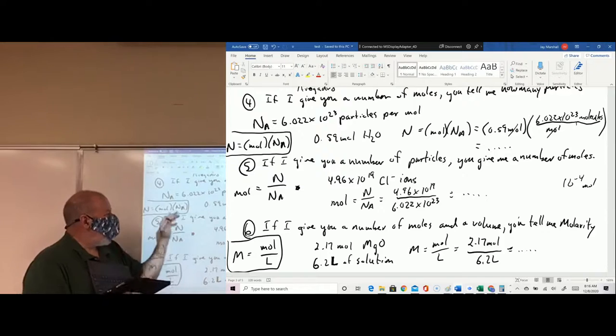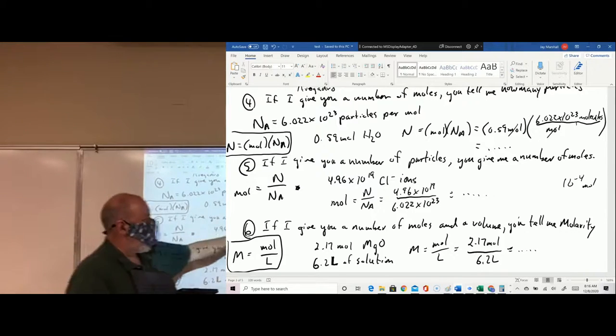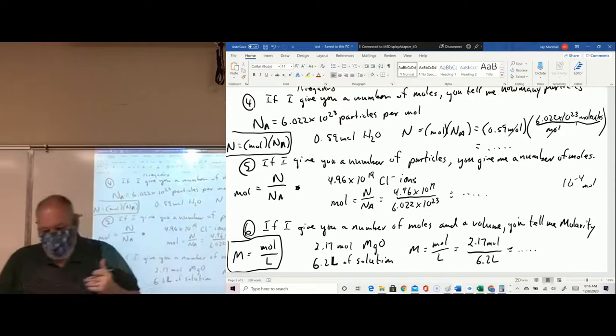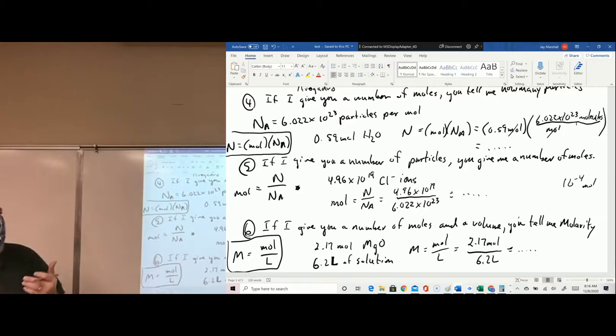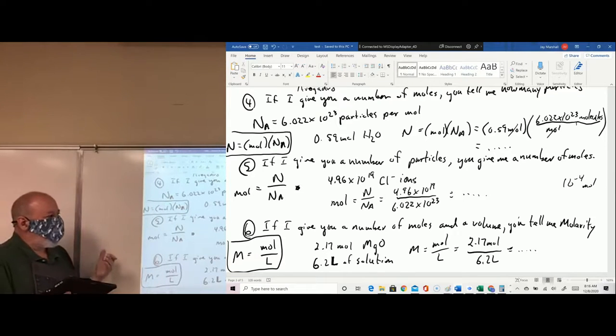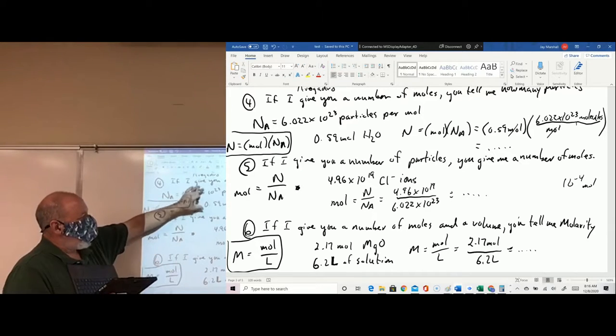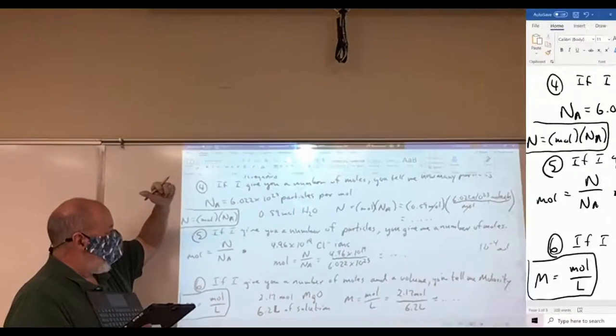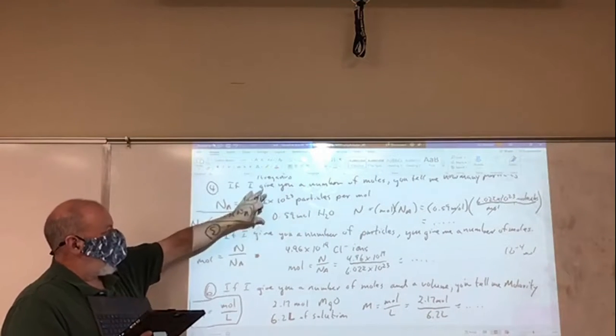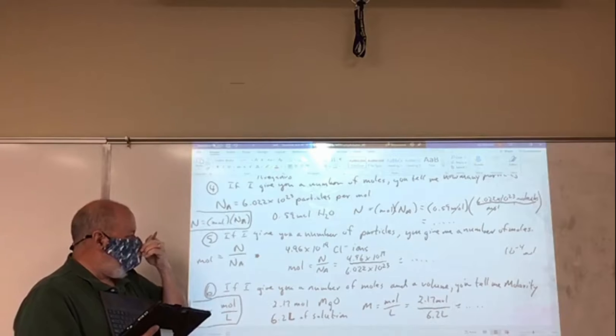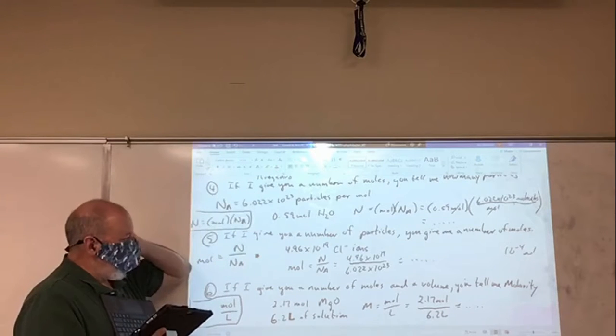Now, we don't use this very often, because we don't really have a use for the number of particles other than as a concept, but I do need to make sure you understand how to make this calculation. I'll only give you one of these as a problem, but I need you to know how to do this.